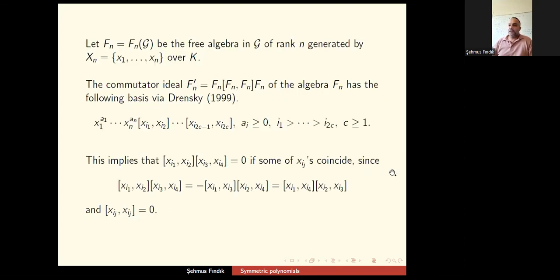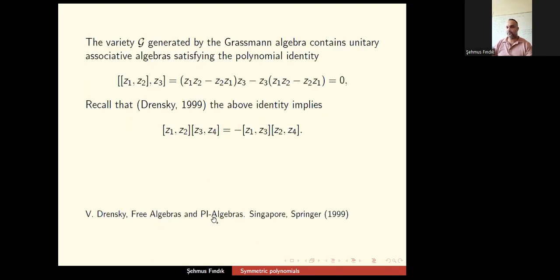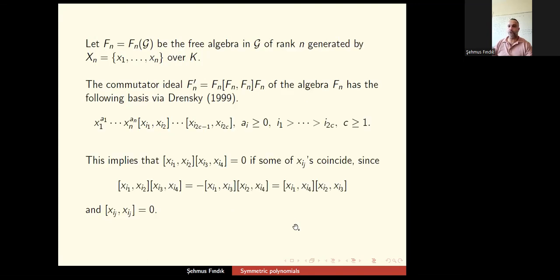So you see here, we work only with rank 1, rank 2, rank 3, but the basis here is a little bit more interesting. This basis was given by Drensky; we can see it in his book, maybe here is the name of his book.